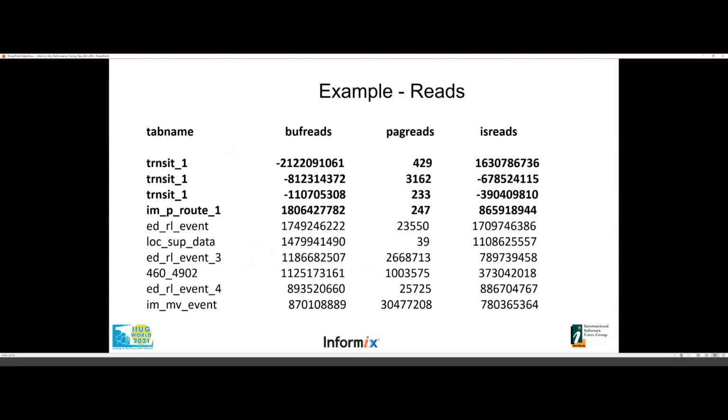This is from one client that I had, where some of the tables and indexes had a high number of buffer reads, and here you can see they went negative, meaning they scrolled through the values. So I went and looked at these indexes and tables to see what they were doing and what the SQLs being run on them were.